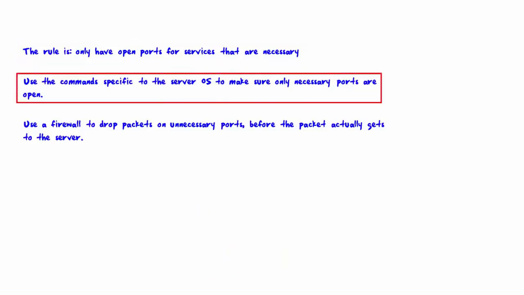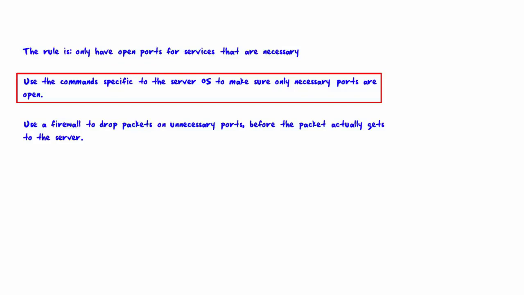Use the commands specific to the server OS to make sure only necessary ports are opened. Each OS has specific commands that you can use so you can see what ports are opened and not, and also how to actually open a port or close a port.